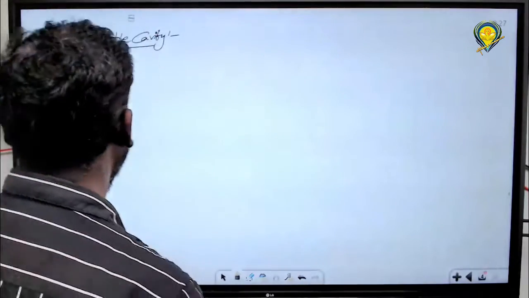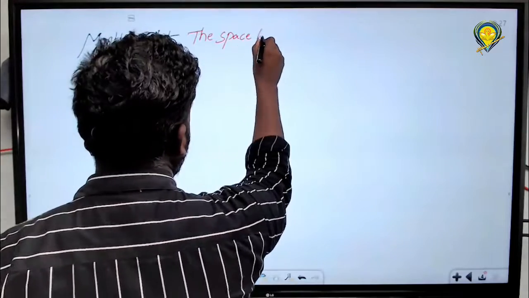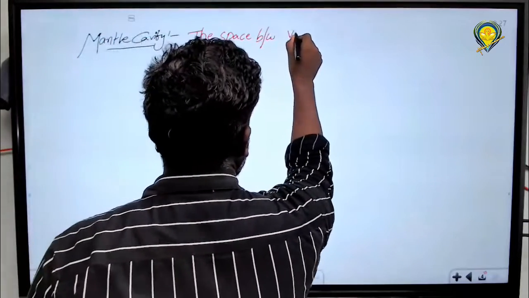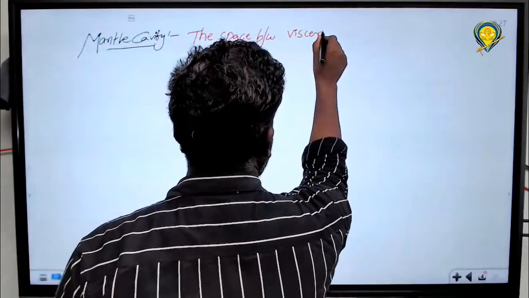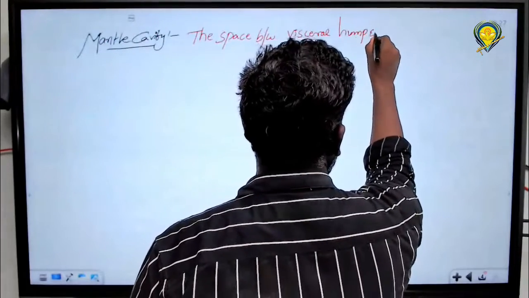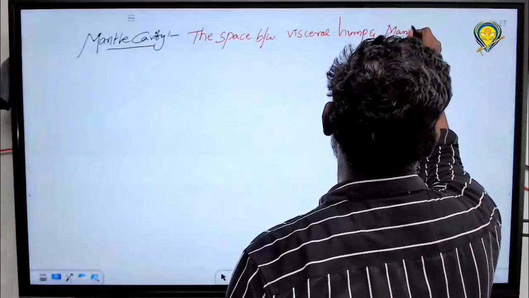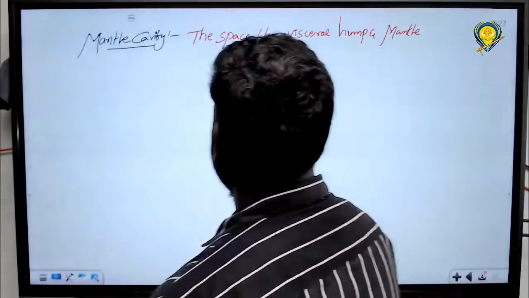Please write it. Mantle cavity means the space between the visceral hump and the mantle.